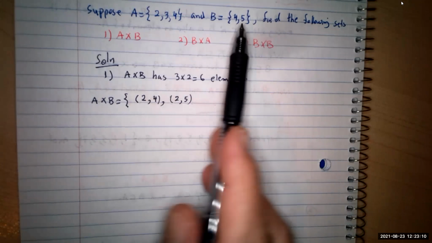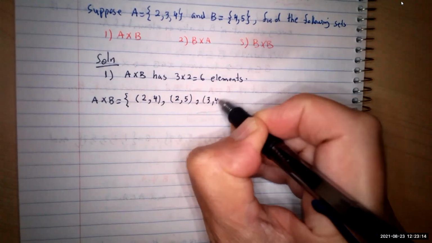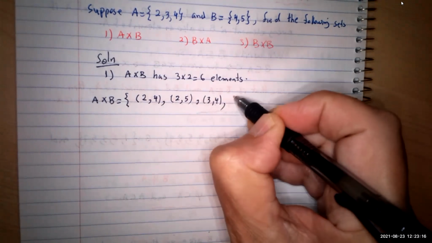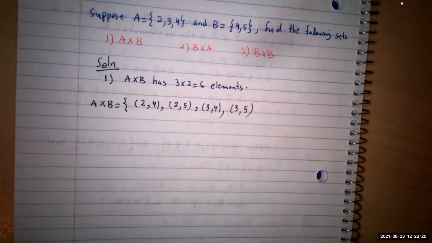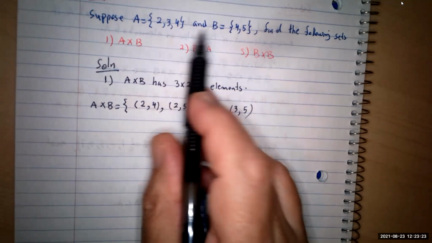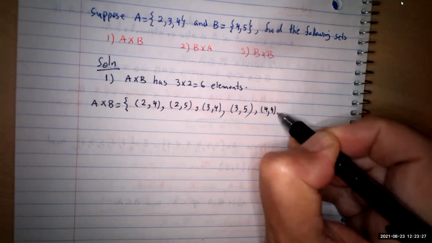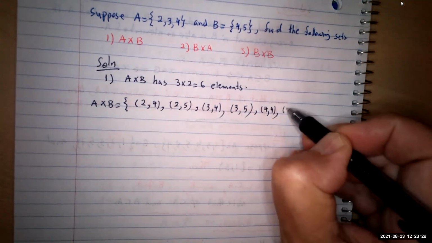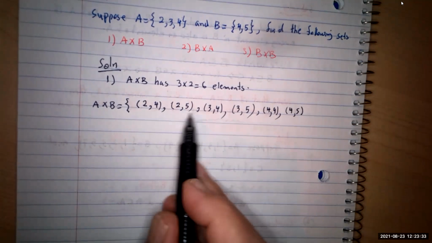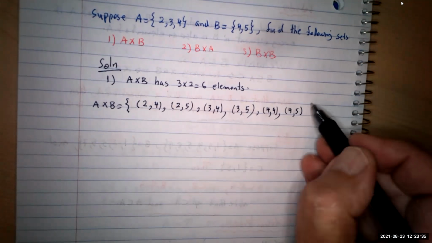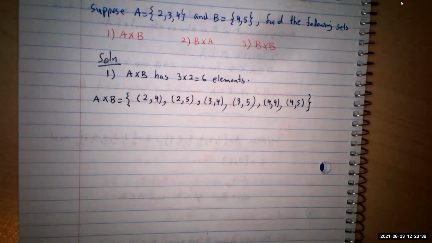Go to the 3 and match it with the others. So 3 can be matched with 4, or again 3 and 5. We are done with the 3. Then we go to the 4 and repeat it. You can have (4, 4) or (4, 5). You count 1, 2, 3, 4, 5, 6. So these are the ordered pairs in the product. Any question?